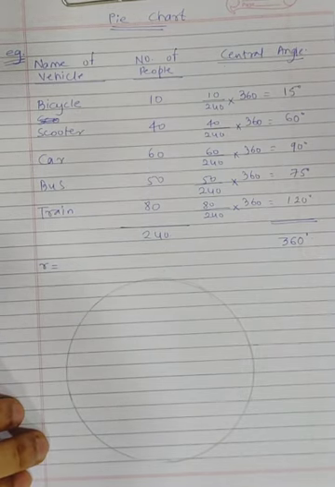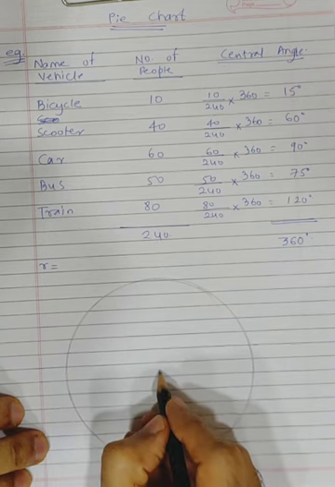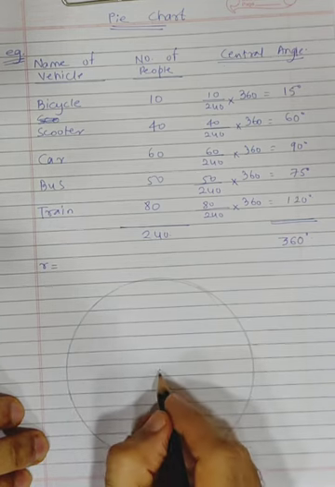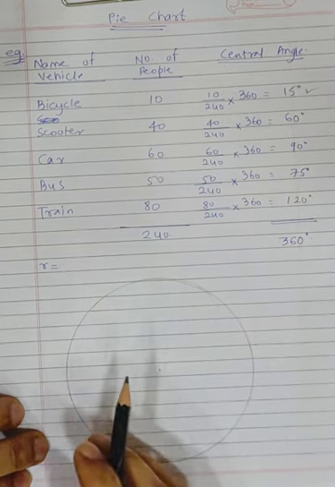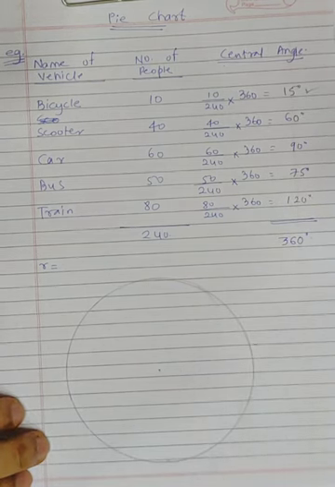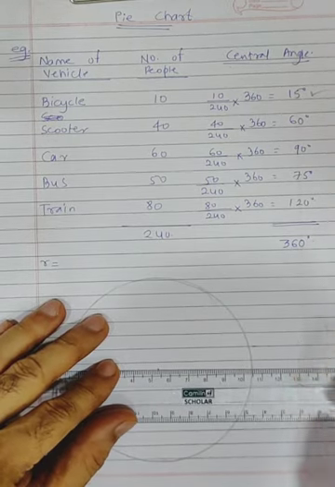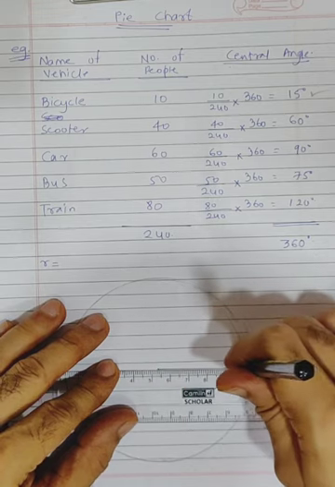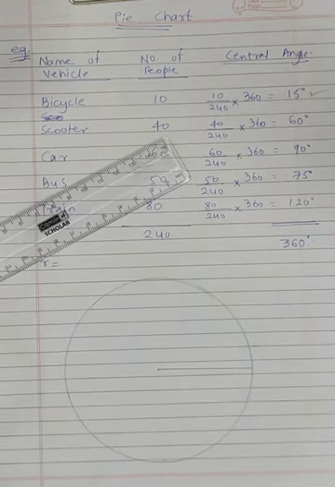Guys, so this is a circle, and also mark the center carefully. This is the center. Now what is the first angle we need to draw? 15 degree. So what we'll do, we are going to start from here. So first you keep your ruler over here, and we'll mark this horizontal line. So we are going to start counting from here, from 15 degree. So first angle is of 15 degrees.